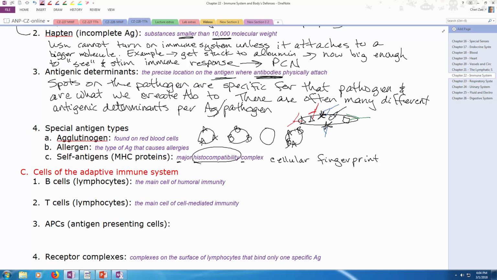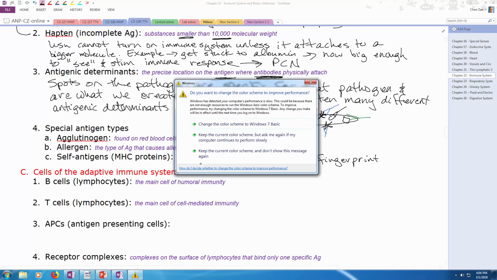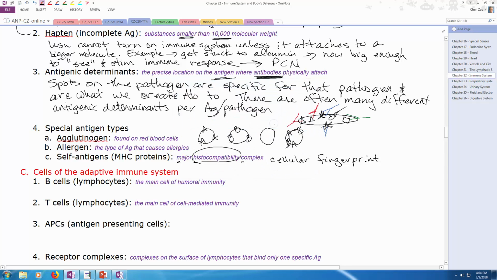Major histocompatibility complex. And so this is what is tested when they tell you whether or not the organ is going to be compatible or accepted by the recipient. And the less compatibility, the more likely the rejection. And this is the rejection process that we'll actually be going through when we go through some more information about histocompatibility in itself.